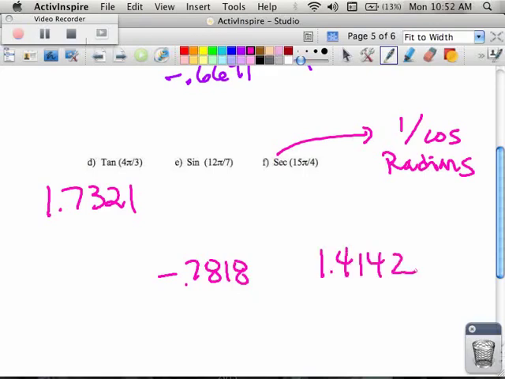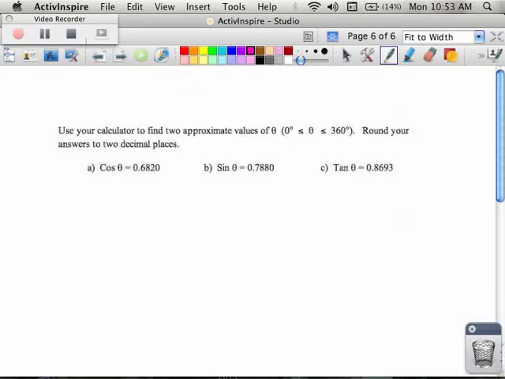You are always going to go to 4 decimal places when you do trig information. Sine, cosine, tangent, secant, cosecant, and cotangent: 4 decimals. Okay, this is our last page.